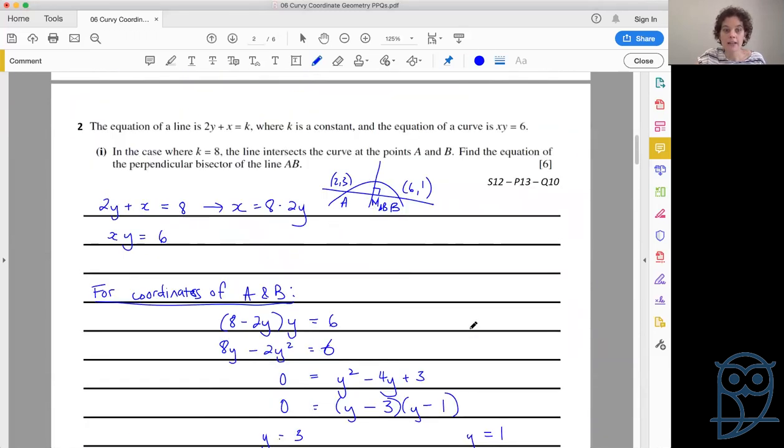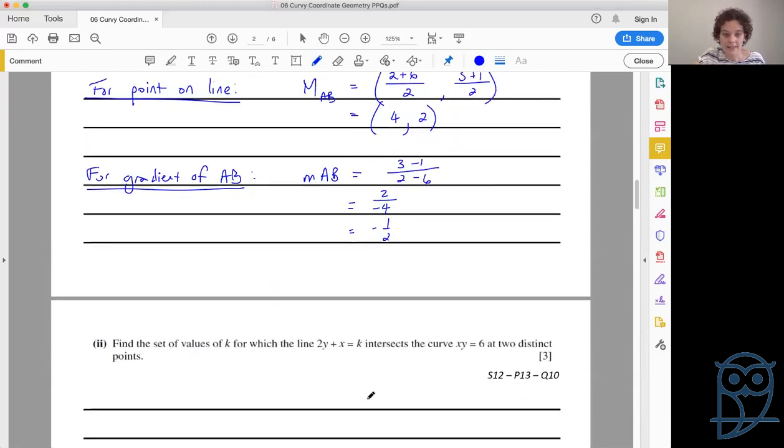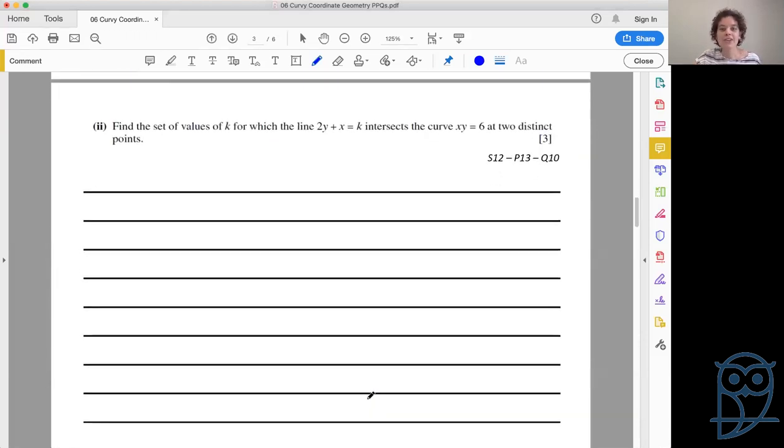Okay, but a reminder that intersections for curves and lines is the same as intersections for lines. It all works in the same way. Right. Now we get curvy again. Find the set of values of k for which the line 2y plus x equals k intersects the curve xy equals 6 at two distinct points. b squared minus 4ac greater than 0, but this is for a quadratic.